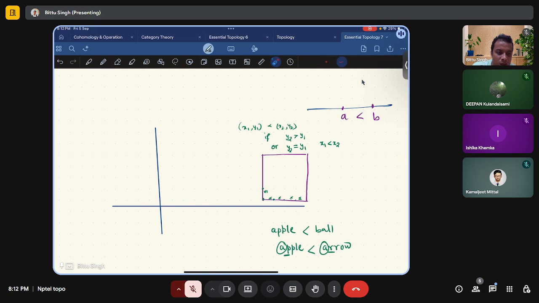Is it clear? I have written it in the opposite way, but you can define it another way also. Maybe you can define this one as bigger. You can change the conditions.